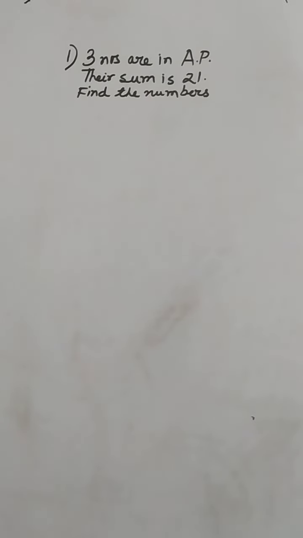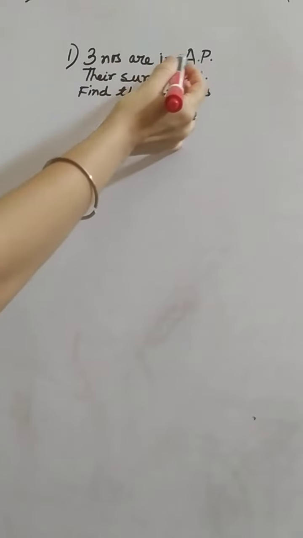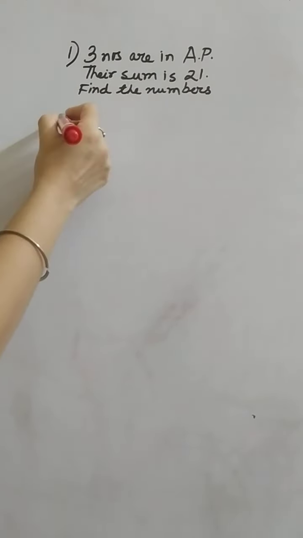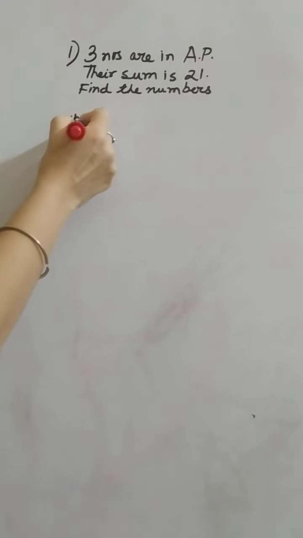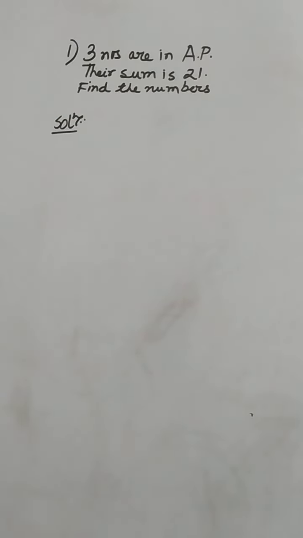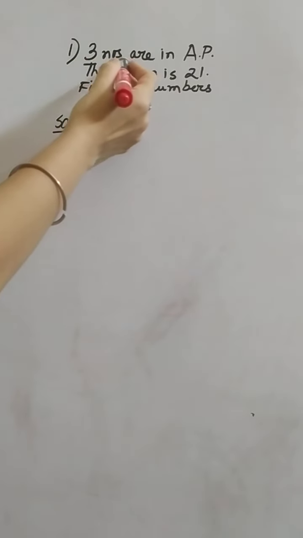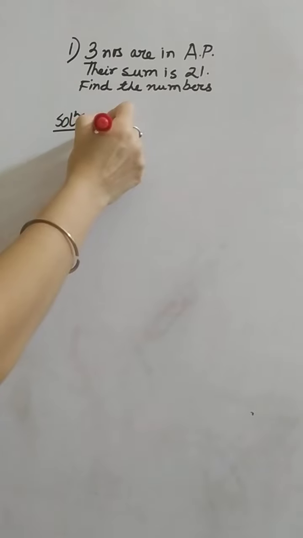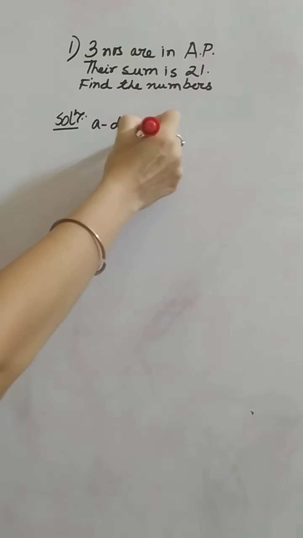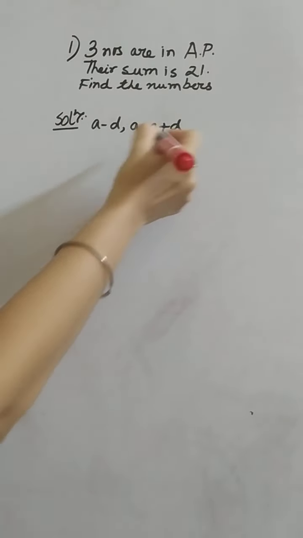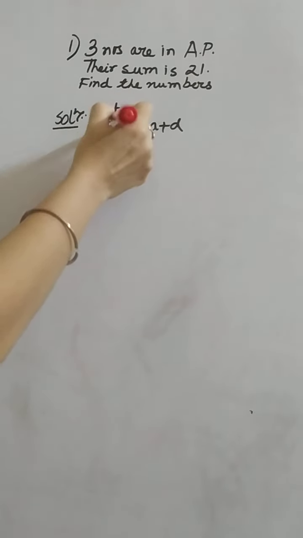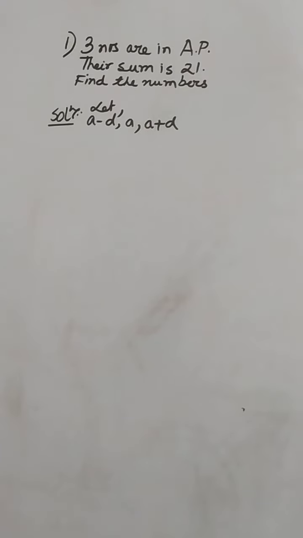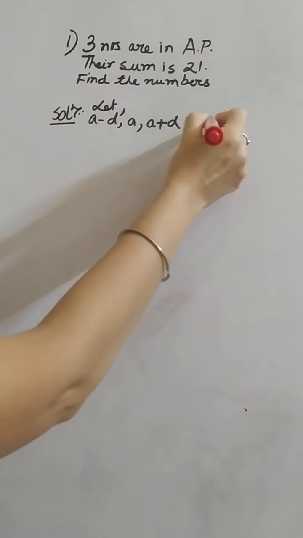So the first problem: 3 numbers are in AP. Their sum is 21. Find the numbers. Solution. Just now we discussed, if it is mentioned that 3 numbers are in AP, then we will assume the numbers to be A minus D, A, A plus D. Let A minus D, A, A plus D be in AP.